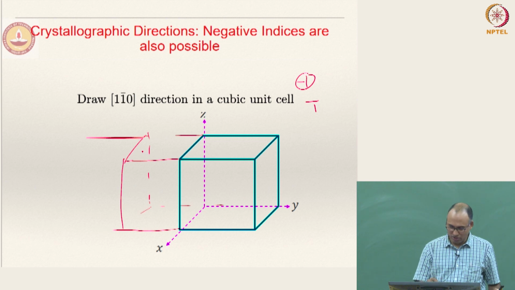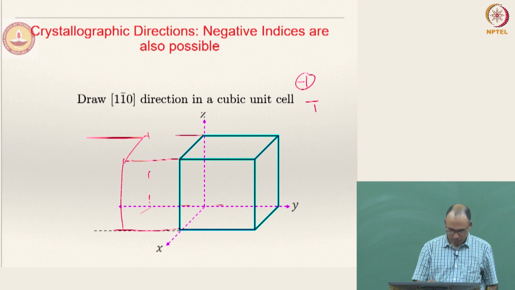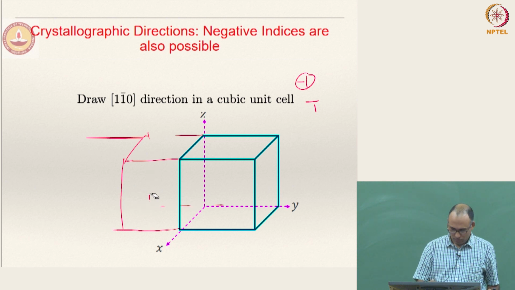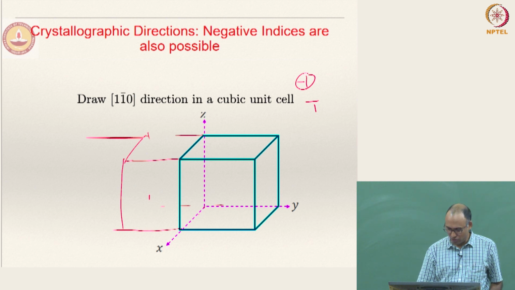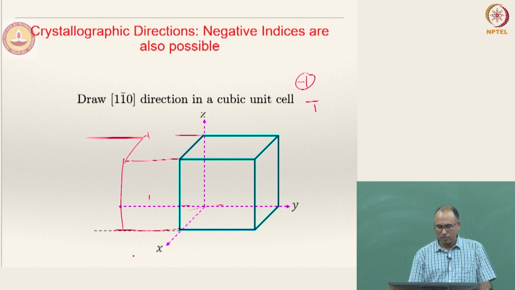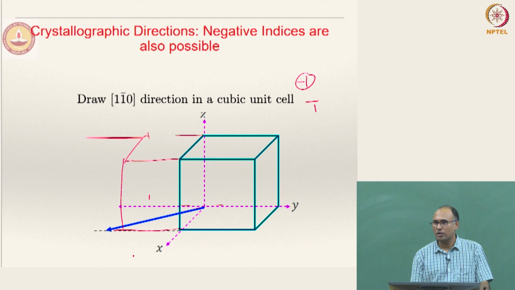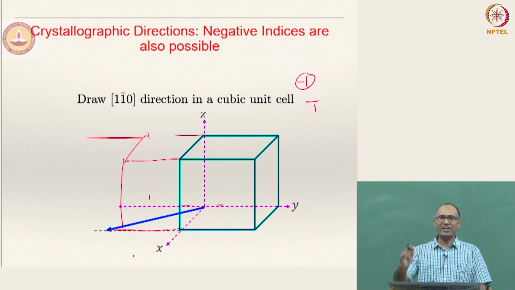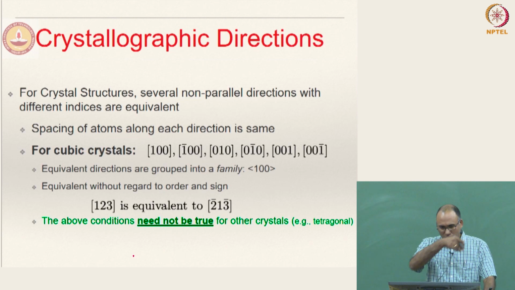Sorry, this is your new axis, not that one. And then one is this y, and -1 will be in this direction. So that will be your 1 bar. So now you will be able to draw any crystallographic direction, identify any crystallographic direction. Alright.